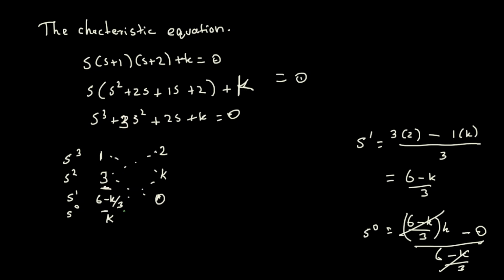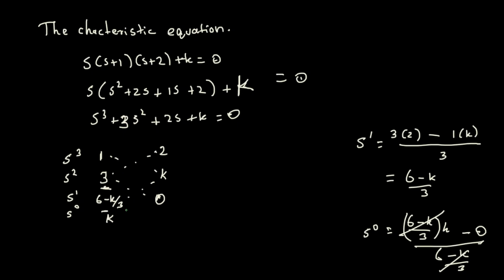Okay, so here this one has to be positive in order to be stable. For the s1, if I put 6, this will become 0, and divided by 3, that becomes 0. So k should be less than 6, because if I go greater than 6, that would become a negative number. 6 minus 7 is a negative number. 6 minus 5 will work because 6 minus 5 is 1 over 3, that's a positive number.